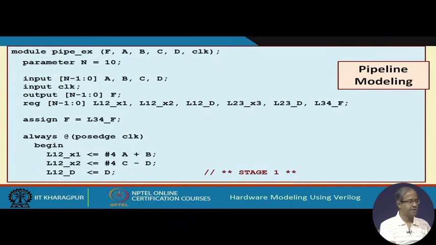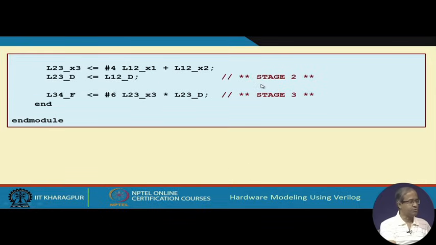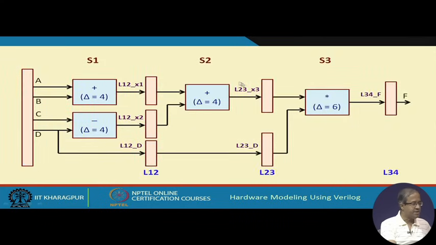Then comes stage 2. In stage 2, just go back once, we are taking the values of L1 to x1 and L1 to x2 and storing the sum into L23 x3, and D we are moving straight.